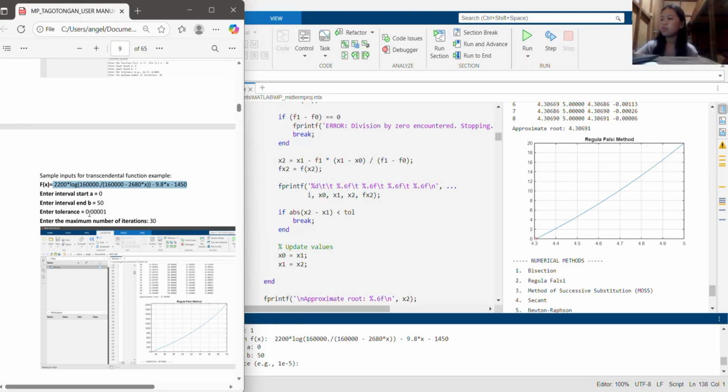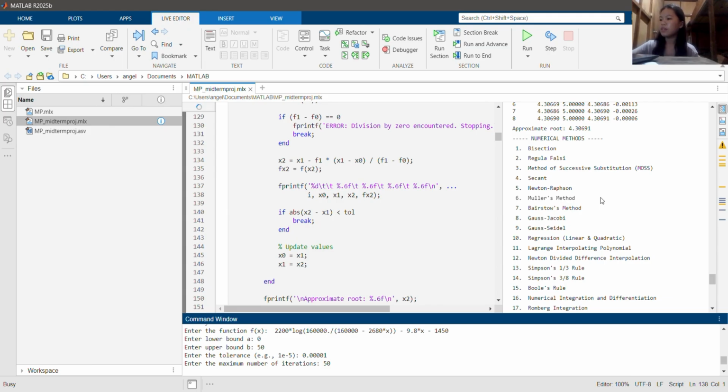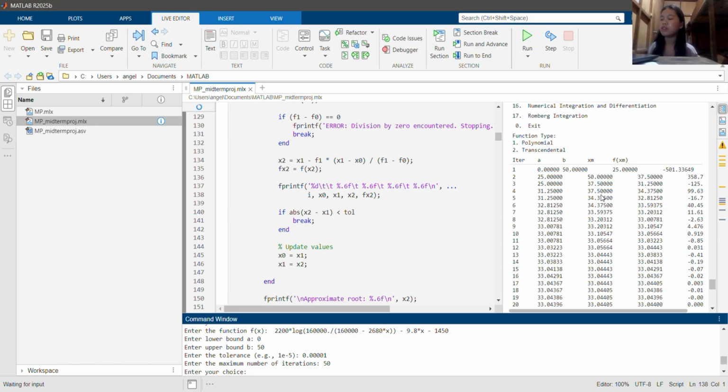And the tolerance is 0.0000001 and maximum iteration of 50.